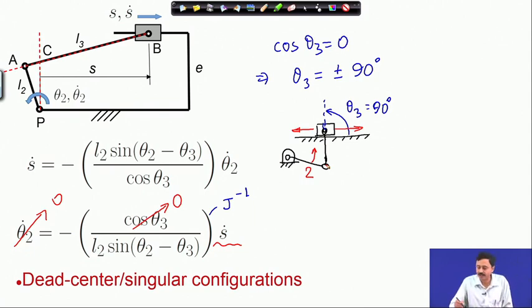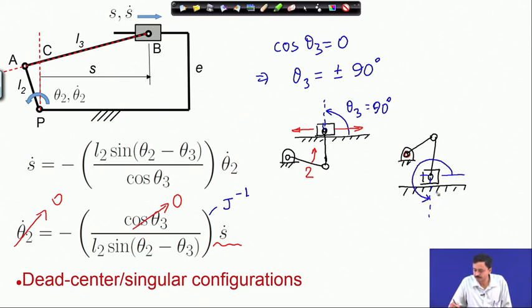In a similar manner, I can have the other configuration of minus 90 degrees in a situation like this. Remember that angles are being measured like this.